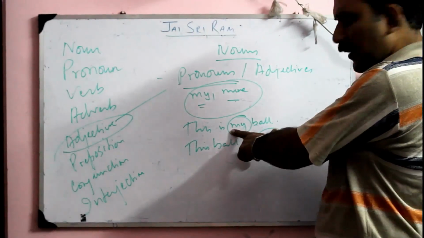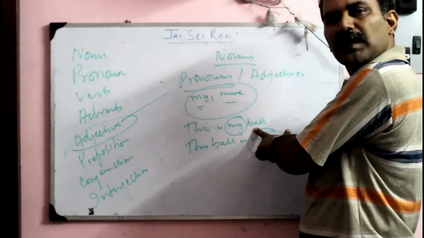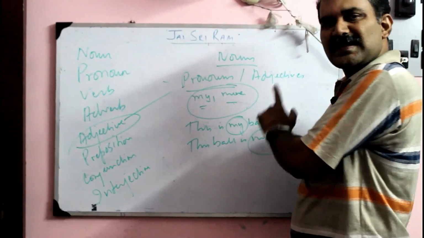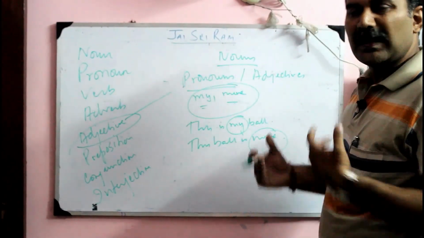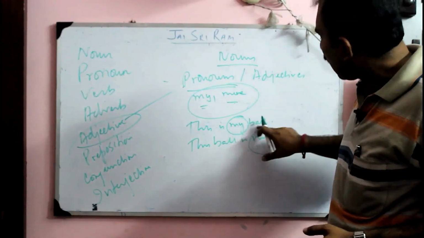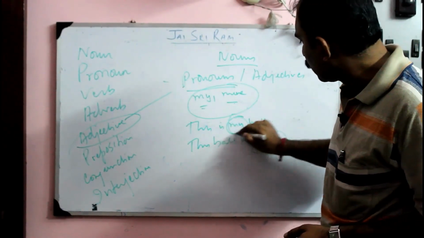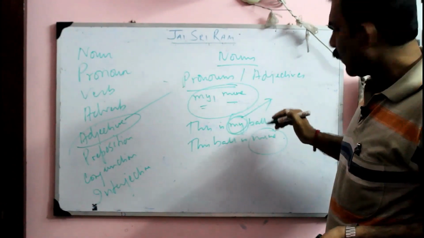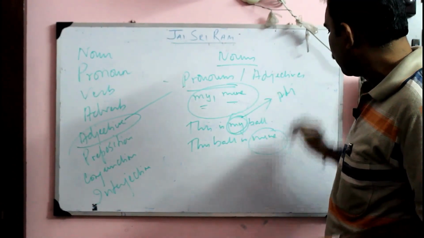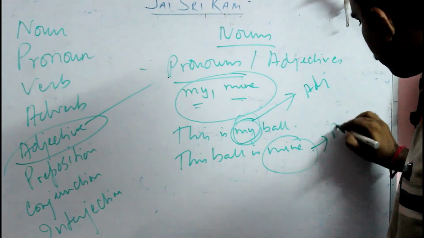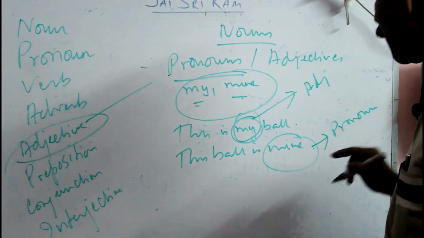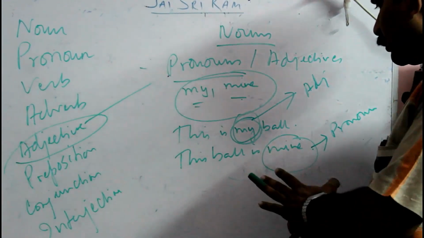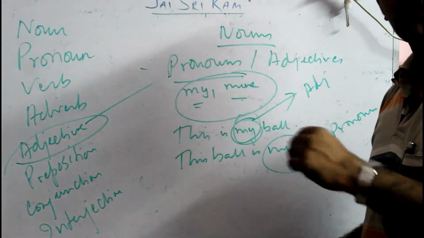Look at this first word, my, after which the noun is coming. We know an adjective is a word that qualifies a noun. So this word is qualifying the noun. This word is an adjective, not a pronoun. So this is an adjective and this word is a pronoun. Normally a pronoun and a noun cannot come one after the other.